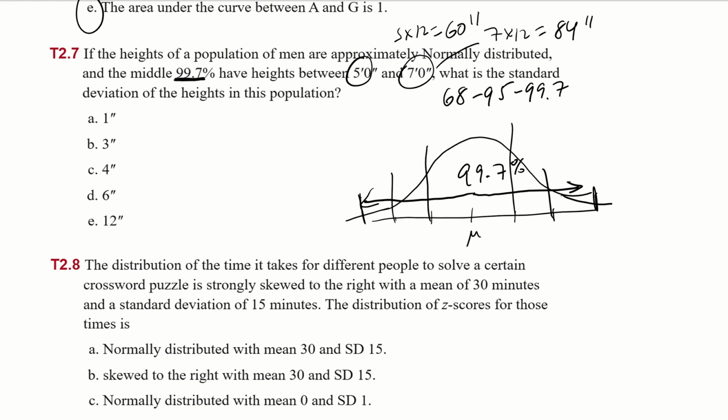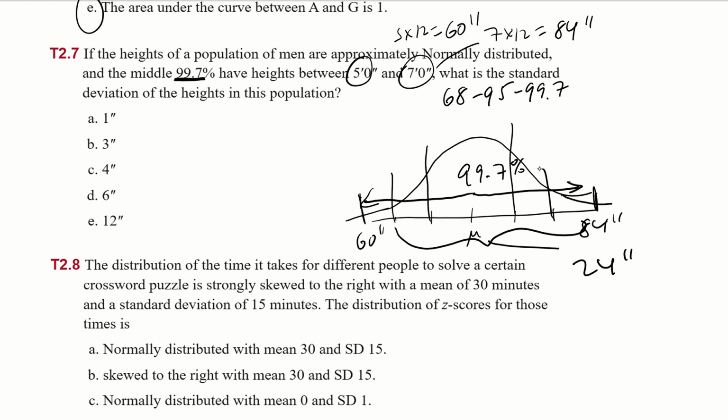Okay, and we know that this is 60 inches, and this is 84 inches. So that's a distance of 24 inches, right? Okay, so then we know that it's 3 standard deviations out.